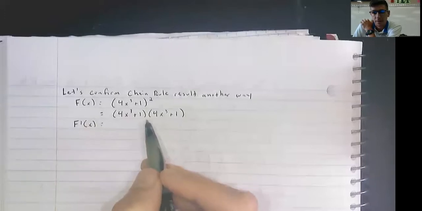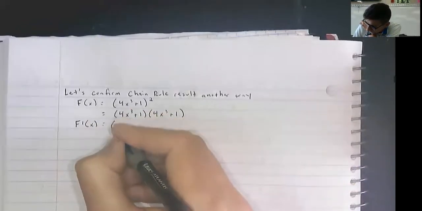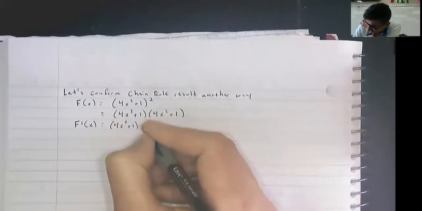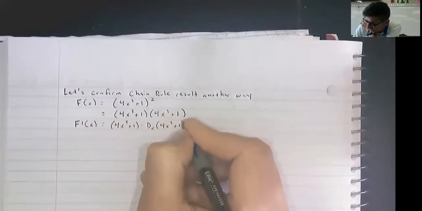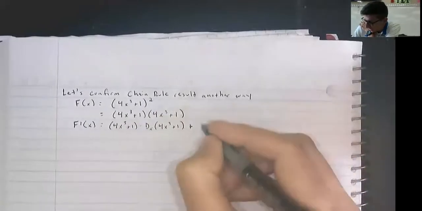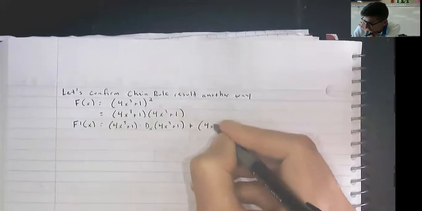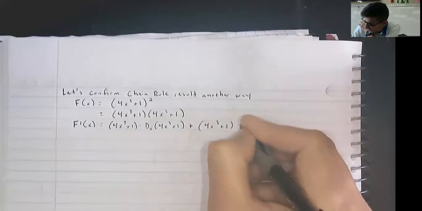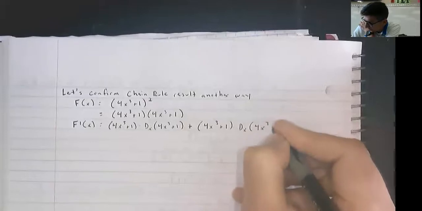And saying the first guy times the derivative of the second guy plus the second guy times the derivative of the first guy. So this will be 4x cubed plus 1 times the derivative of 4x cubed plus 1, plus this whole mess again, because it's the same first and second function: 4x cubed plus 1 times the derivative of 4x cubed plus 1.